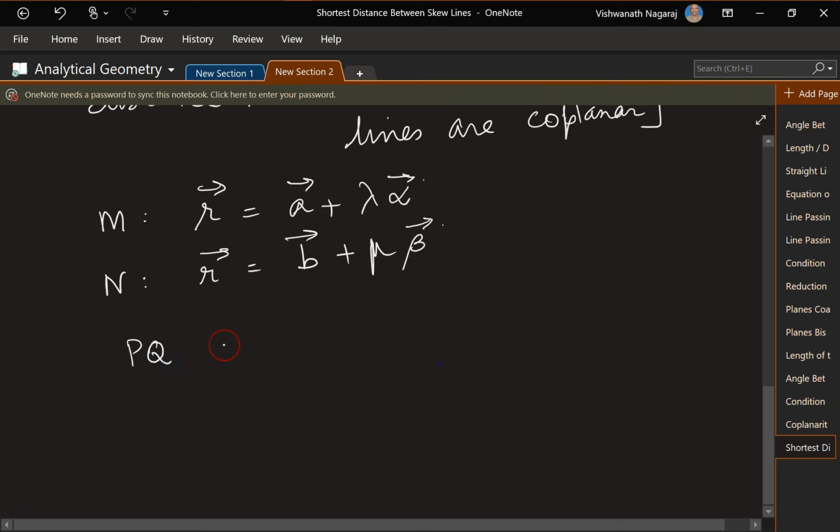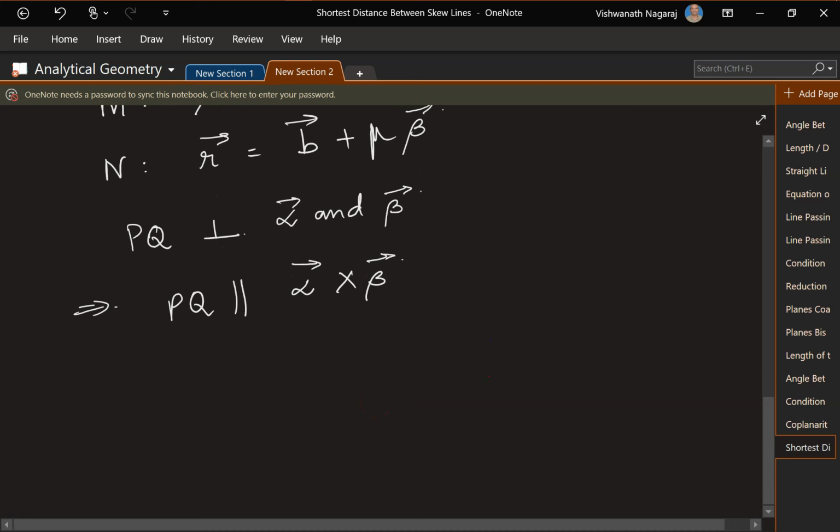As per our discussion, PQ is perpendicular to the alpha and beta vectors, which implies that PQ is parallel to alpha cross beta. Why? Because a cross product will give you a result which is perpendicular to both of them, right? And PQ is perpendicular to alpha and beta, which means PQ will be parallel to the product of alpha and beta.